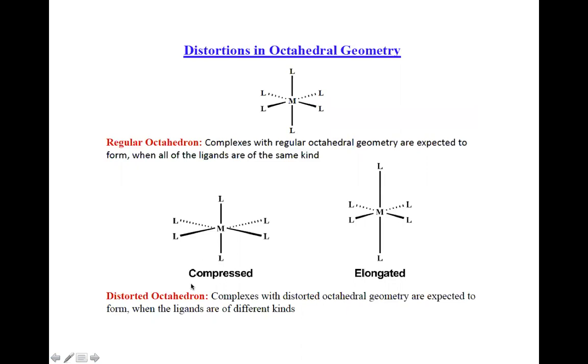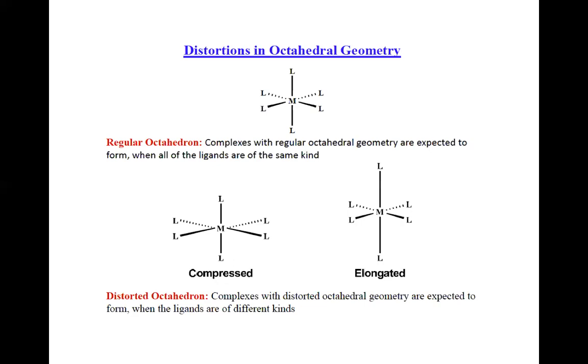First of all, we need to know what an octahedral complex is, or what an octahedral geometry is. In a typical octahedral complex, there are 6 ligands connected to a metal center.